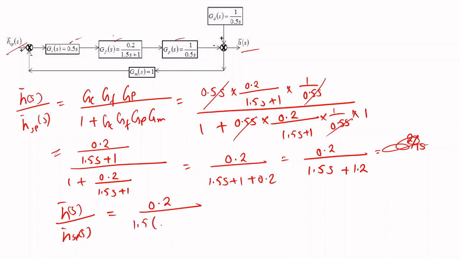So we will have h bar s upon hsp equal to 0.2 upon 1.5 times (s plus 1.2 upon 1.5). This will become 2/15 upon s plus 0.8.